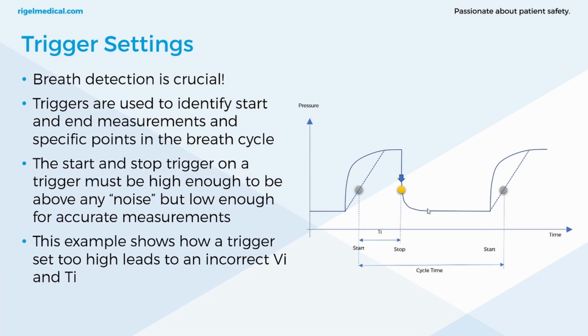We don't want to be detecting any noise as a breath, but it needs to still be low enough for accurate measurements. As you can see here, if the trigger is set too high, then it can lead to an incorrect volume during inspiration and inspiration time. The inspiration time is too short because the trigger is set too high. It makes the cycle time shorter than what it actually is. And because of the calculation of volume, the volume will also be much less than what is actually produced by the ventilator.